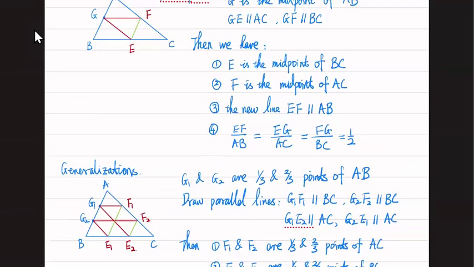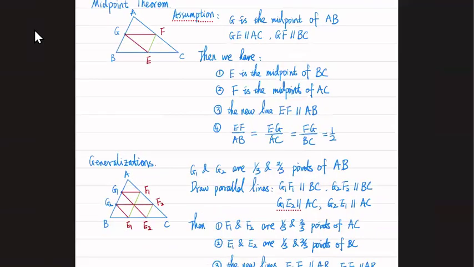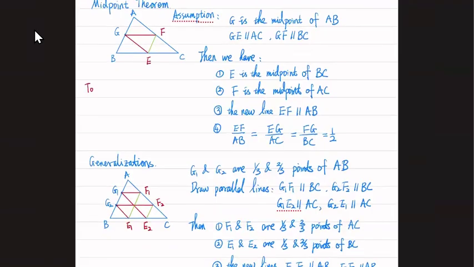So for the previous one, the tools are congruent triangles and the parallelogram.